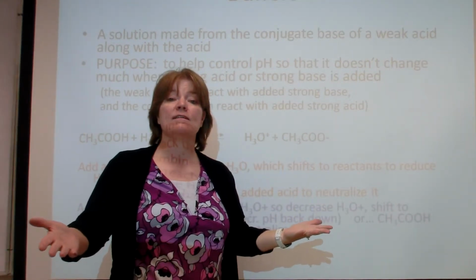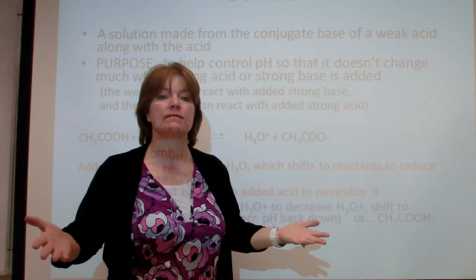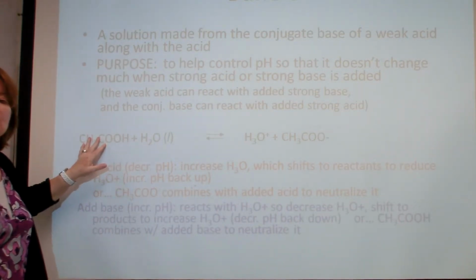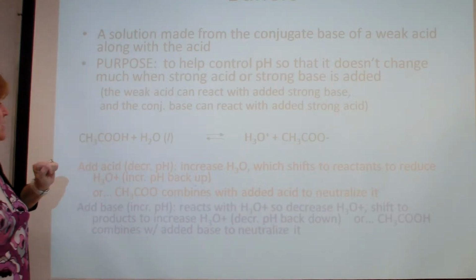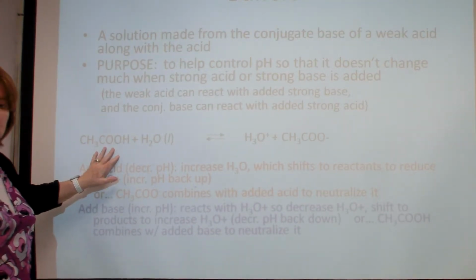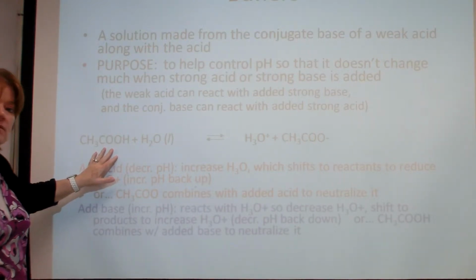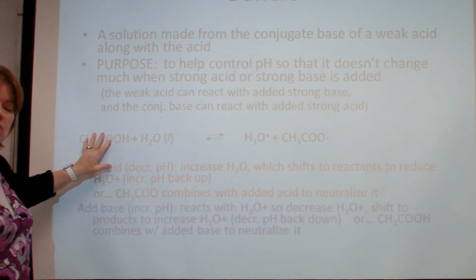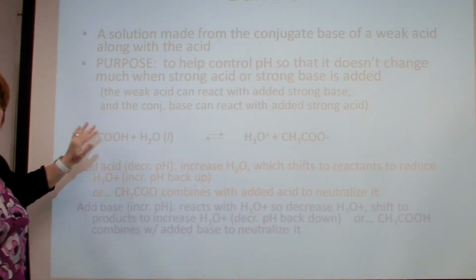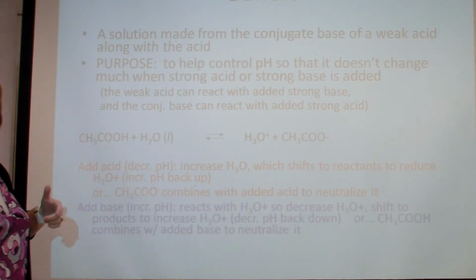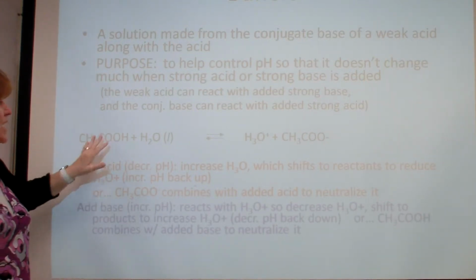What if I were to add sodium hydroxide, a strong base? Strong bases can react with acids, and I happen to have a weak acid here. This is acetic acid, my weak acid. If I add sodium hydroxide, it produces hydroxide ions, which can react with this weak acid. Again, you say, yes, but it's a weak acid, maybe I don't have too much of it present. What happens when I react this away?